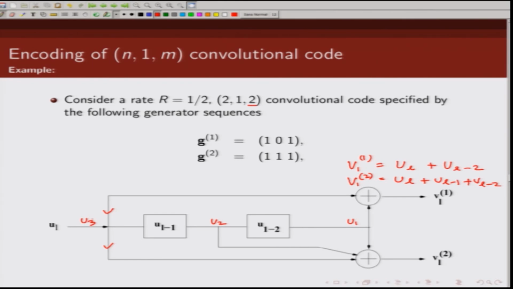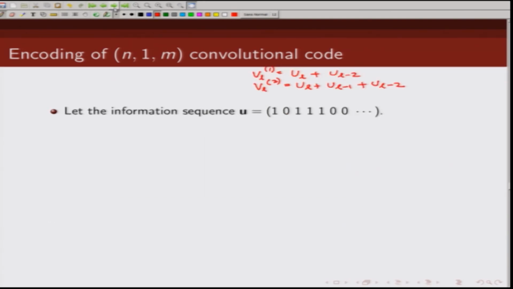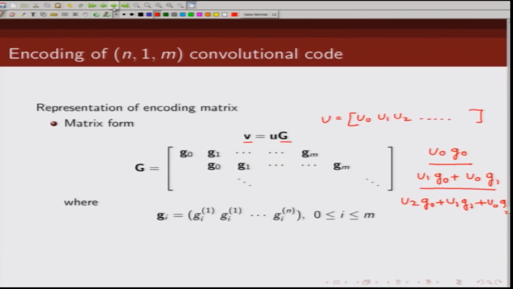It is U3 times G0 plus U2 times G1 plus U1 times G2, and U0 does not appear because the memory order of this code was 2. So, the output in this fourth instance is U3 times G0 plus U2 times G1 plus U1 times G2.